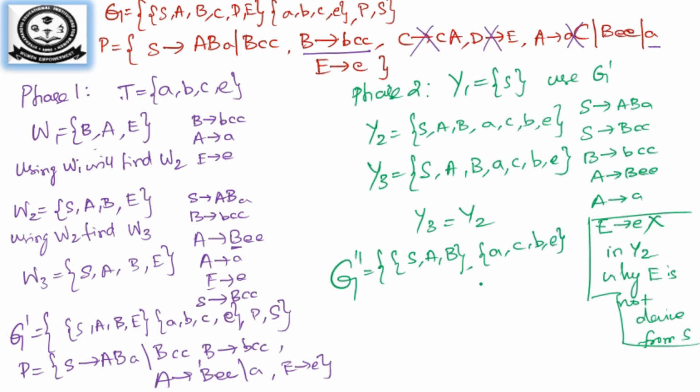Then you have start symbol S, and production rules: S tends to ABA or BCC. Next one is B tends to BCC. Then finally A tends to capital BEE or a.